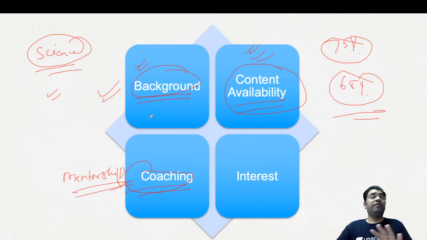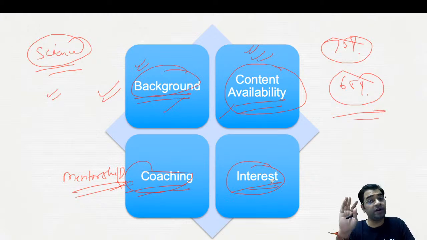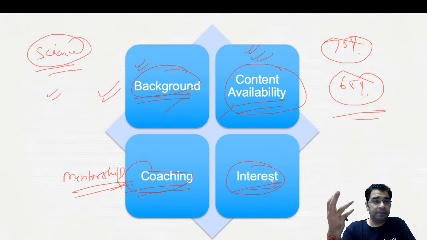When all these three factors are available, when you are able to find all these three factors, then go with the interest factor. What students tend to do is first go with the interest factor. I have a very good interest in philosophy, I'll take philosophy. But when I'm searching for material, I don't get any good material.